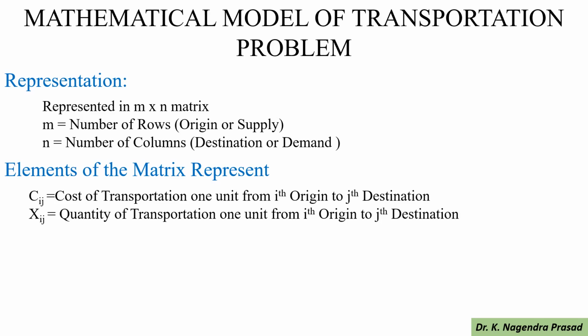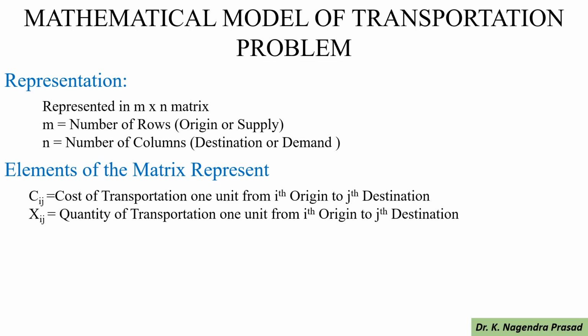Supply centers are represented in rows and demand centers are represented in columns. The elements of the matrix are the cost of transporting 1 unit from the ith origin to the jth destination. This is represented by Cij.